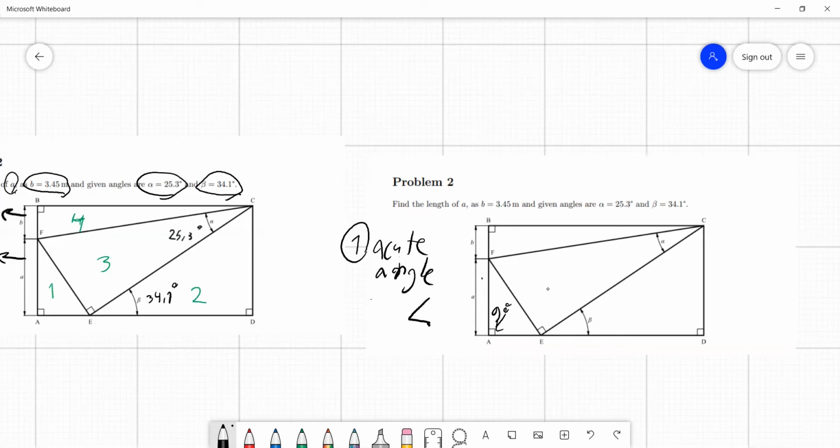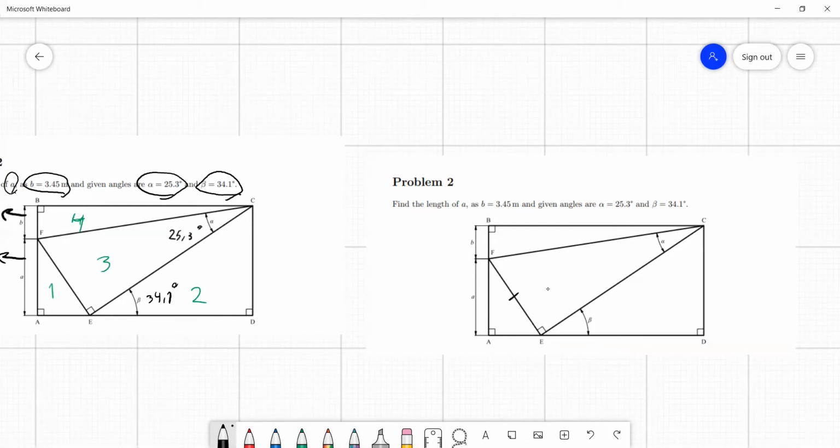So something like this. So these two will be acute angles. And one side of the triangle. And we'll get into the theory of SOH CAH TOA really quickly, but let's just come up with a plan. Okay, so right now we don't have any of them. So what should we do?